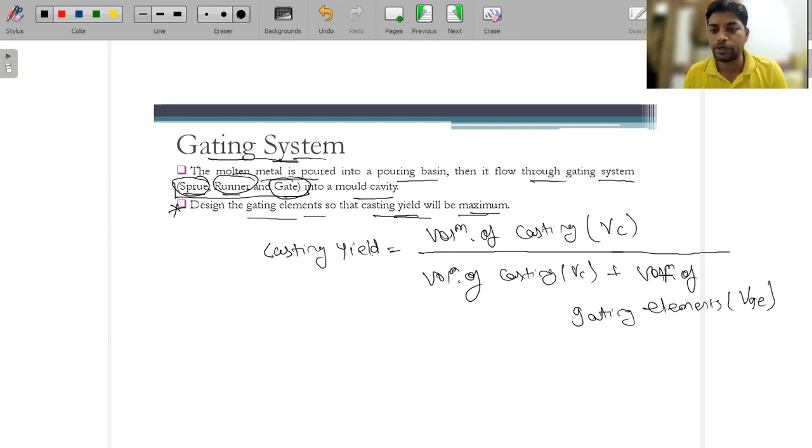GE means gating elements. So this is the formula for the casting yield.